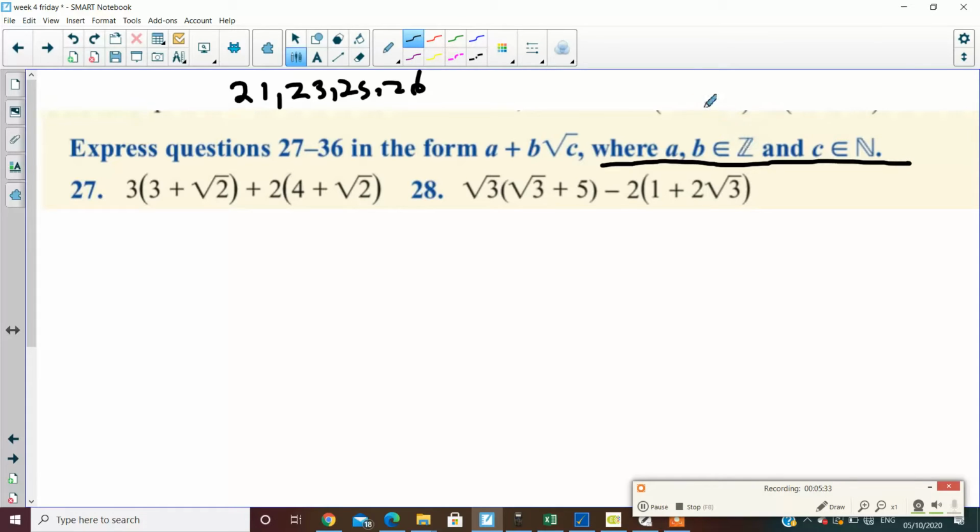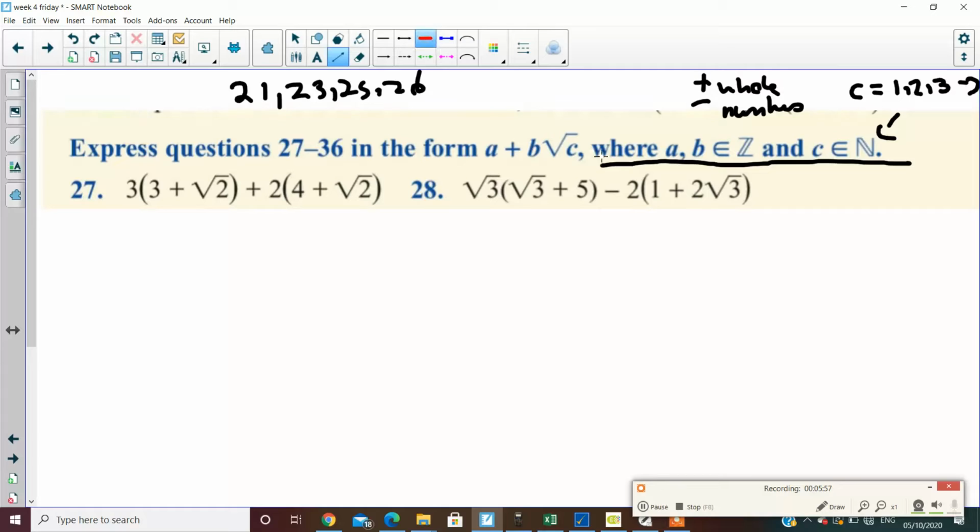A and B can be positive or negative whole numbers. How do I know that? It's an element of Z. While C has to be bigger than 0 and whole as well because it's an element of N. But really, a lot of the time I don't even pay attention to that part. I just do the question. No big deal. Just do what's in front of you.